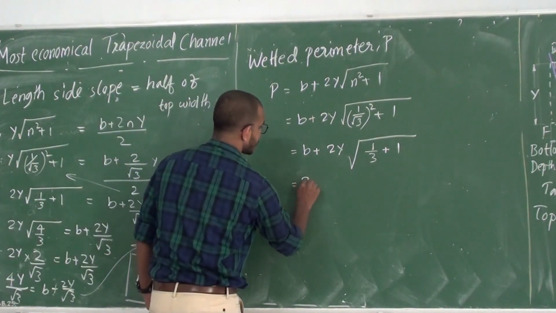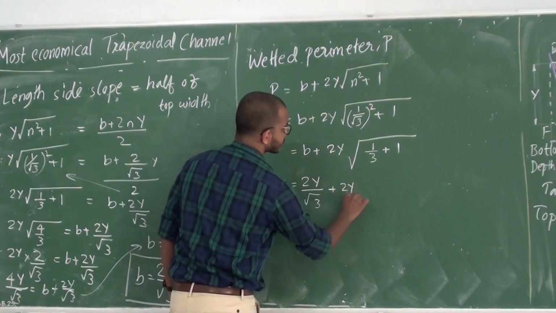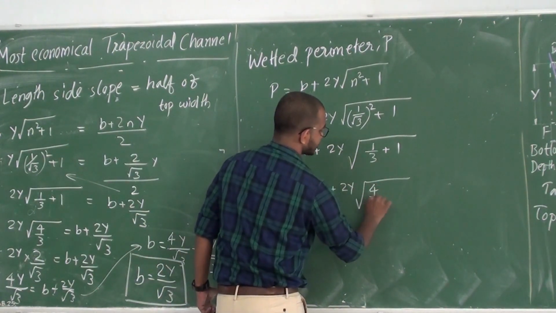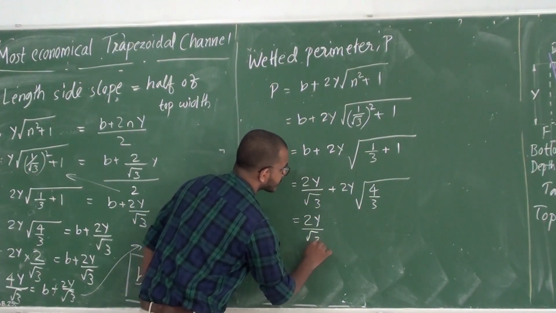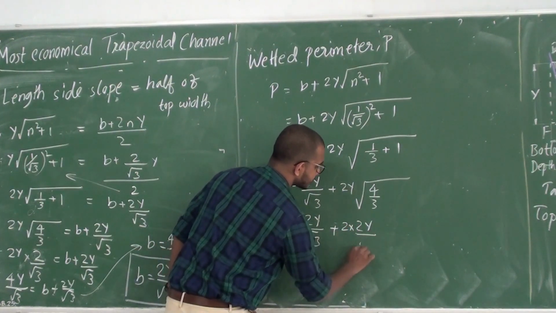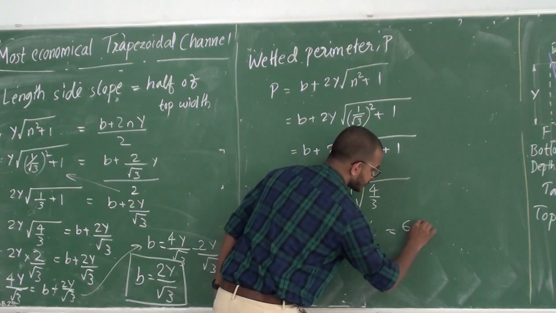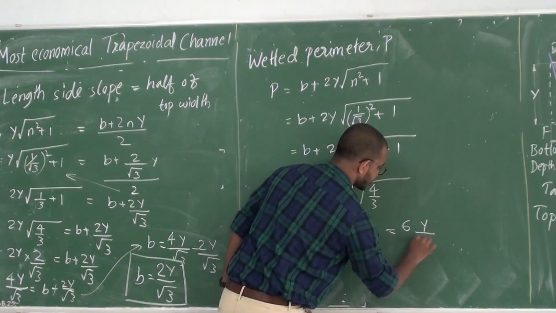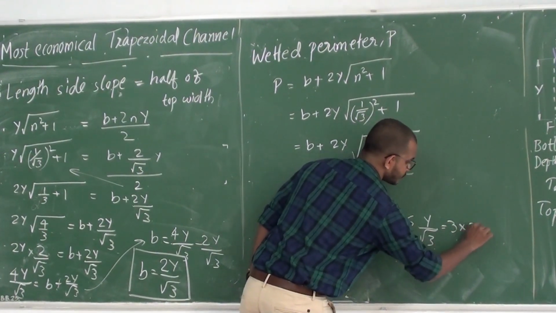So this is equal to 2y by root 3 plus 2y into square root of 4 by 3. So this is 2y by root 3 plus 2 into 2y by root 3. So this gives total 6y by root 3. This is equal to 3 into 2y by root 3.